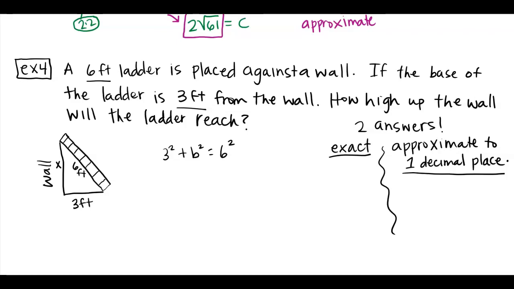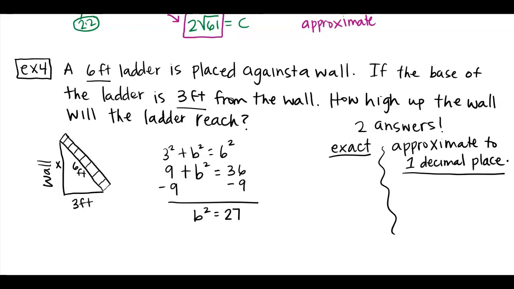All right, so if we try and simplify this, 3 squared is 9, so 9 plus b squared equals 6 squared is 36, and then I'll subtract my 9 over, so I get b squared equals what? 27. Yeah, 27.